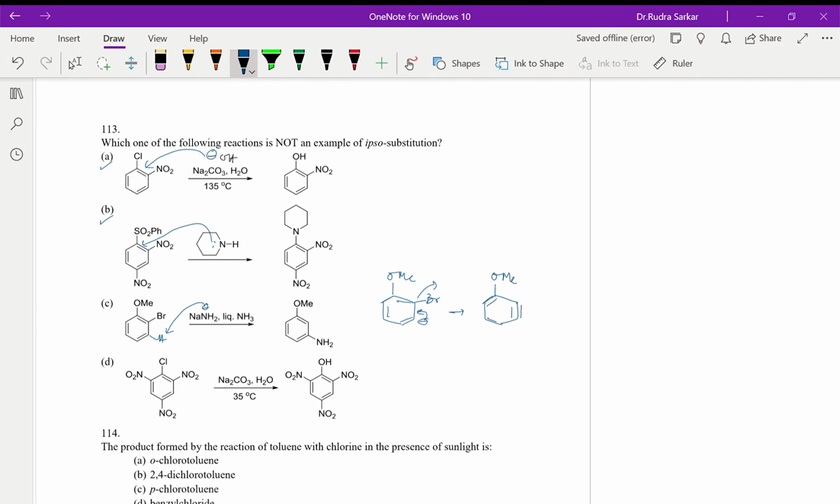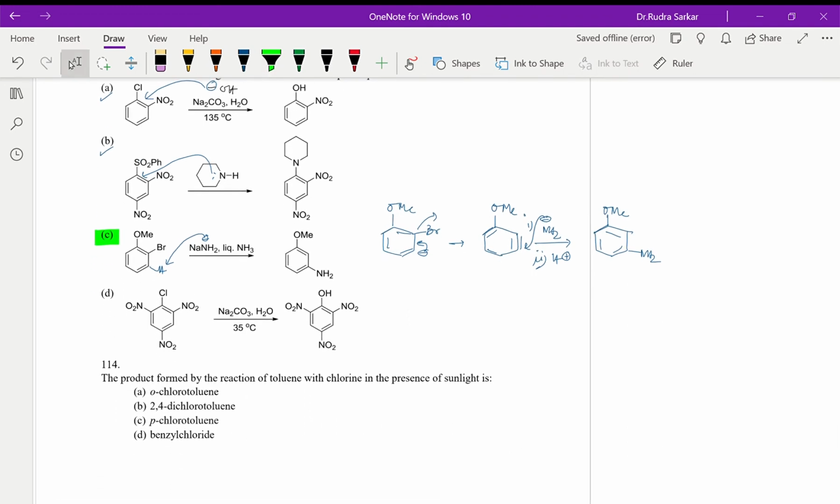Then the attack of NH2 and subsequent protonation leads to the product. So this is involving a benzyne mechanism and not ipso. So this should be our answer for this question.